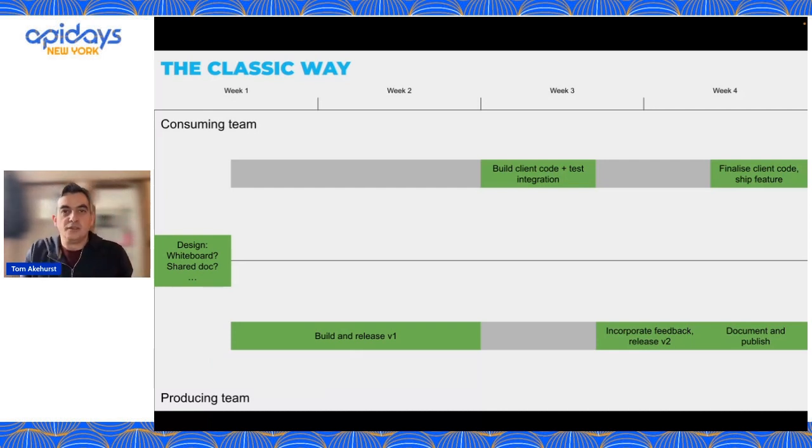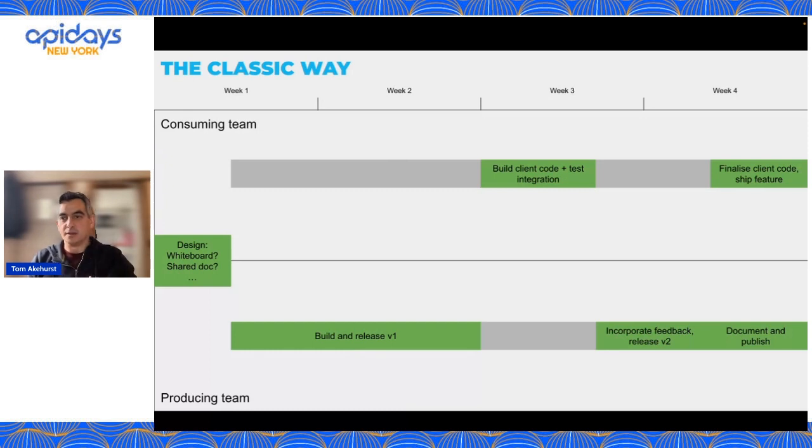And we're assuming this is a fairly modest feature that we're building, where the whole thing can fit into, say, two-week sprints. I've seen more complex features obviously take much longer than this. But let's start with that assumption. So in this process, essentially, everybody goes into a room, producing and consuming teams, virtual or physical, and talks about use cases and examples of how this API might support them.